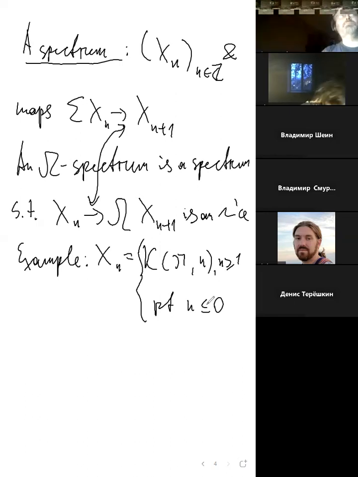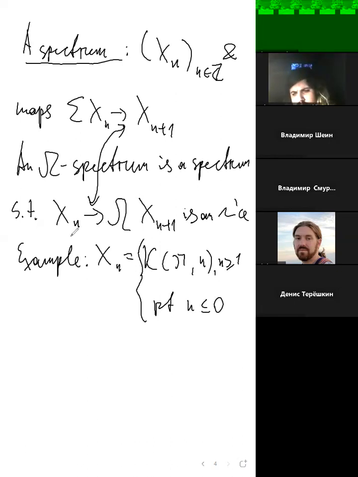Basically, it follows from the definition of the Eilenberg-MacLane space that we have a preferred equivalence between K(π, n) and the loops on K(π, n+1), where π is a fixed group.